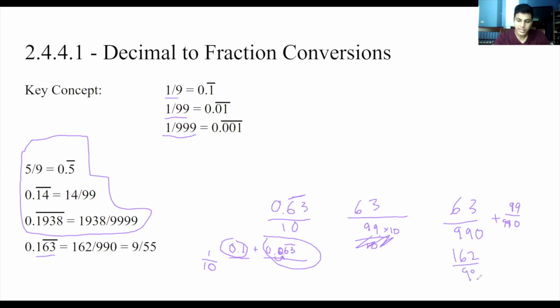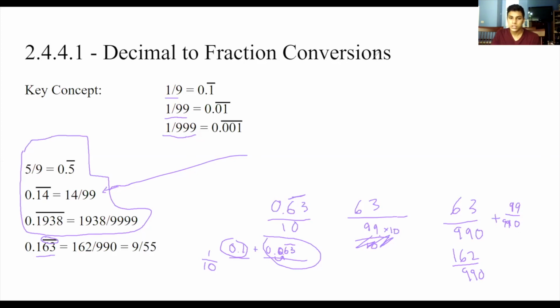And then, like I said, this concept is really complicated. This one you should definitely know. If you have a repeating decimal with all the digits repeating, then you just divide it by however many nines you have as decimals. But when you have a repeating decimal with the bar not over all the numbers, like I had in this example, the steps are: you break it up into the parts that aren't repeating and the parts that are repeating.